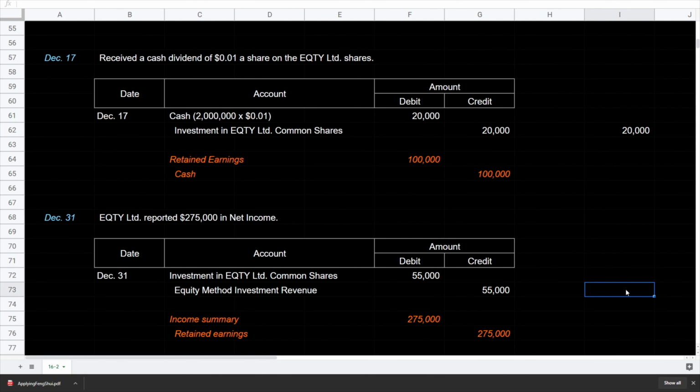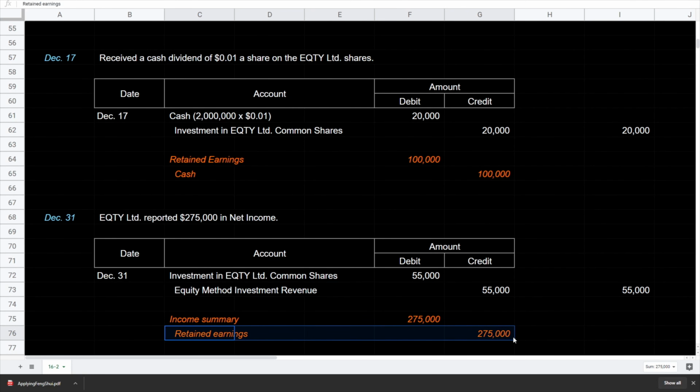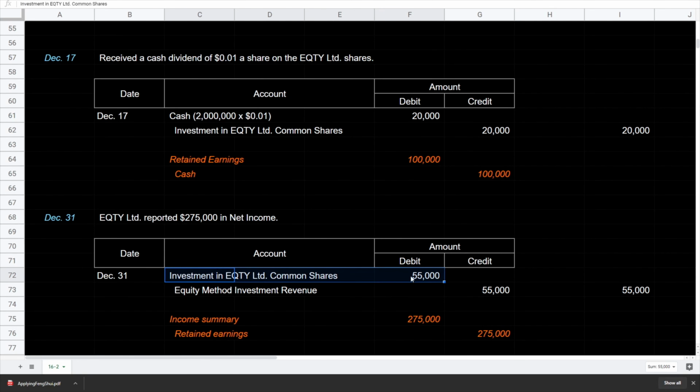So if we were to take that $275,000 and multiply it by our percentage of ownership, we would get $55,000. If we are tracking the equity inside of the investee, if the investee's equity goes up by $275,000, then our investment account should go up by 20% of that.